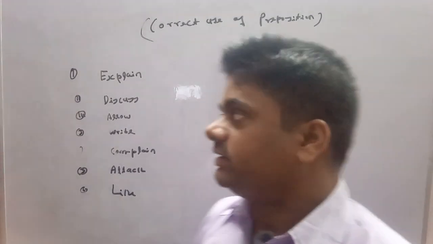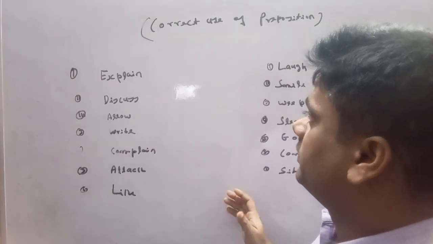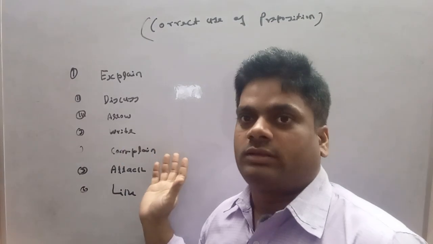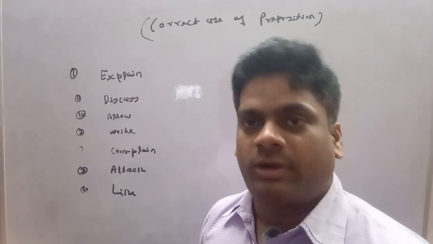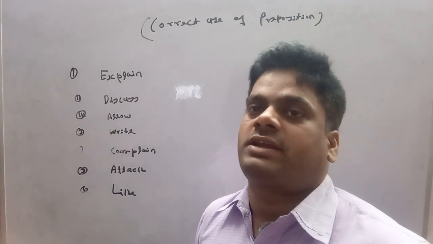So guys, I have written a number of verbs here, and some of these verbs require a preposition in a sentence, but some do not require any type of preposition.